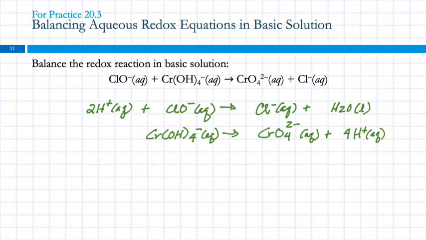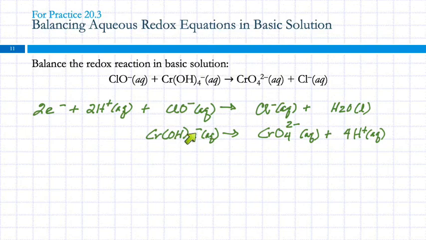What do I need on the top? Two electrons over here. So I've got +2 and a -1, that's a total of +1 on this side, and I need a -1 to match that side. If I have 2 electrons, the 2 positives and 2 negatives annihilate each other, and then I have -1 and -1.